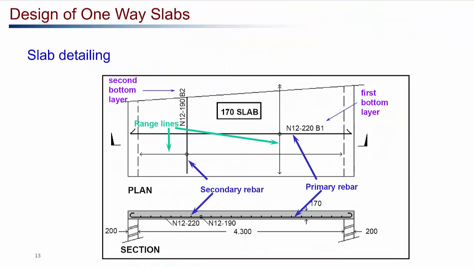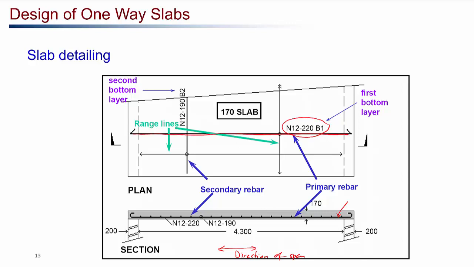Now, for the detailing of the slab, we need to provide the cross section and also the plan view, as you can see. So these are the supports, and this is the direction of span of the slab where the maximum bending moment occurs. The bottom reinforcement, this one, is the main flexure reinforcement, the primary reinforcement, and on the plan view we can see that this black one is the primary reinforcement.